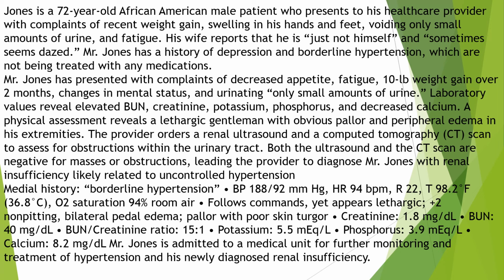Follows commands yet appears lethargic, +2 non-pitting bilateral pedal edema, pallor with poor skin turgor, creatinine 1.8 mg per dL, BUN 40 mg per dL, BUN creatinine ratio 15:1, potassium 5.5 milliequivalents per liter, phosphorus 3.9 milliequivalents per liter, calcium 8.2 mg per dL. Mr. Jones is admitted to a medical unit for further monitoring and treatment of hypertension and his newly diagnosed renal insufficiency.